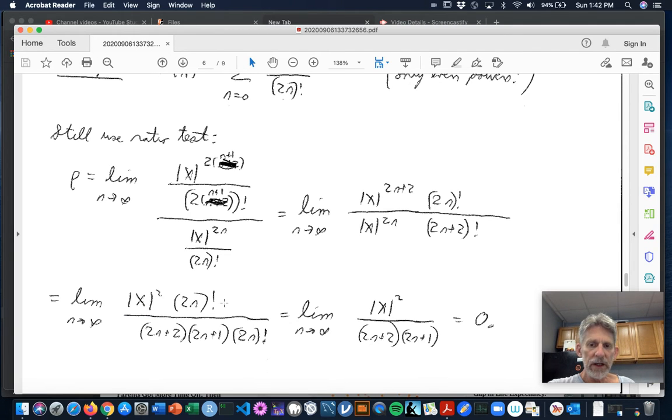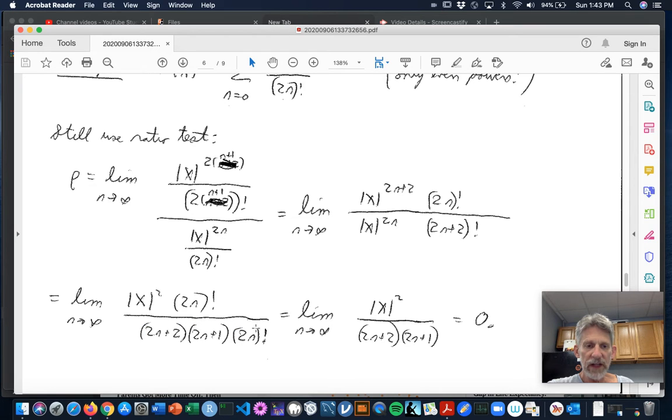On the bottom, you're going to need to analyze your 2n plus 2 factorial. That's 2n plus 2 times all the numbers less than it. So it's 2n plus 2 times 2n plus 1 times all the numbers less than that. So I can really factor it as 2n plus 2 times 2n plus 1 times 2n factorial.